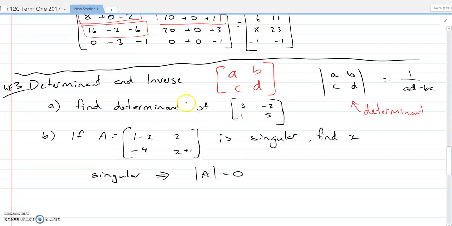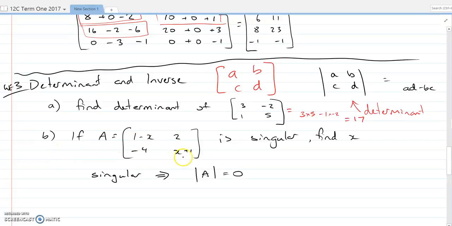So the determinant of this one here is going to be 1 over 3 times 5 minus 1 times minus 2. Sorry, it's actually not 1 over. The determinant is just AD minus BC. So it's 15 plus 2 equals 17. I always make that mistake for some reason.